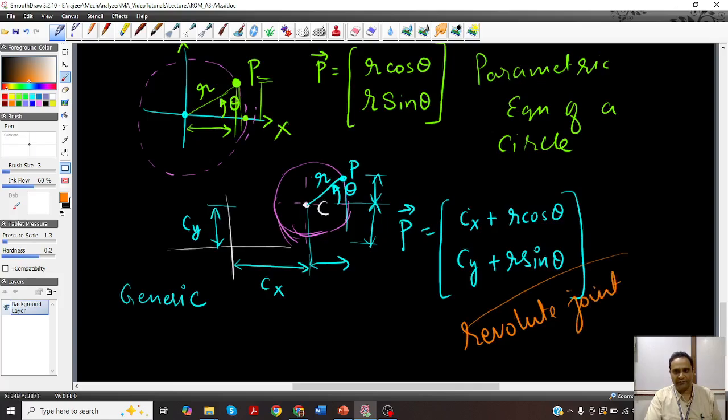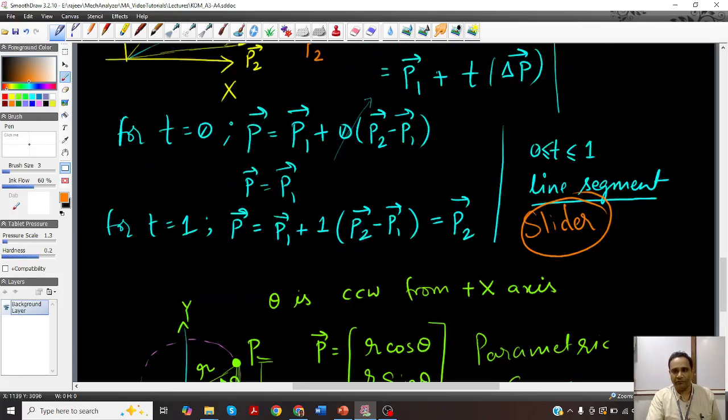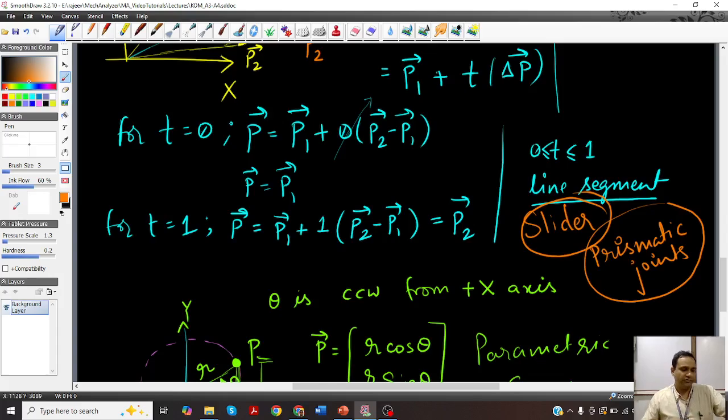In other words, this is a revolute joint, and here it is a slider, or we can also call it a prismatic joint. In general kinematics that we study, we'll be dealing with revolute joints and prismatic joints a lot. So it is good to know how those joints behave in real life situations.